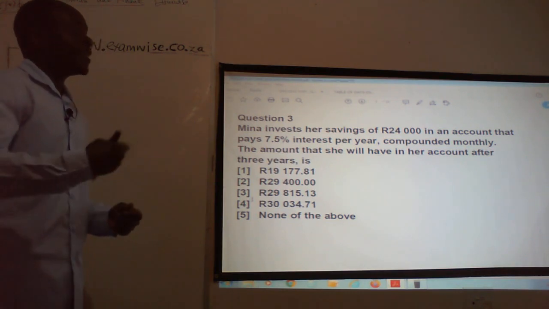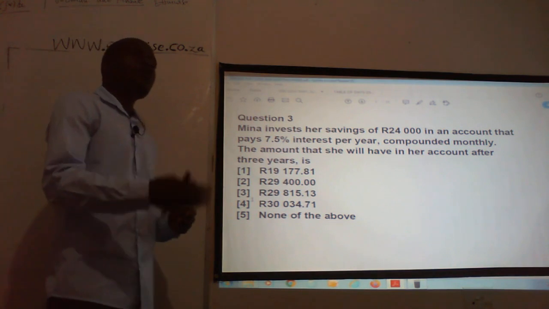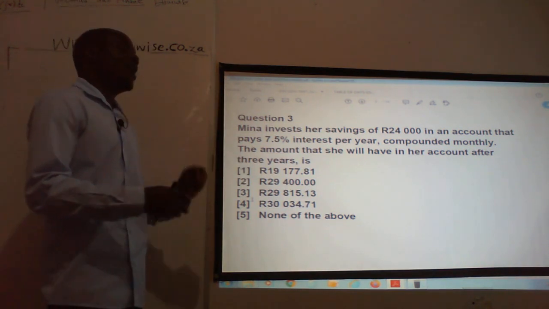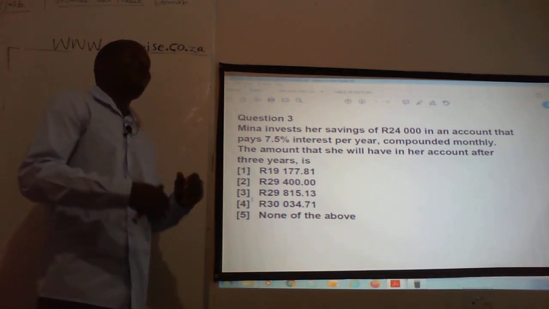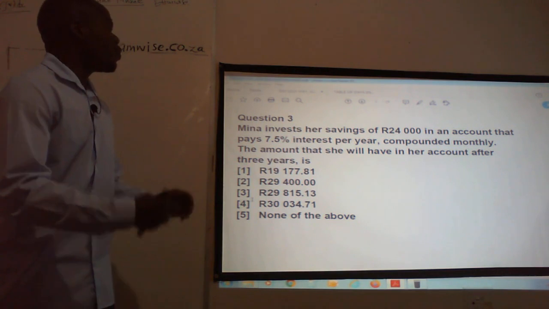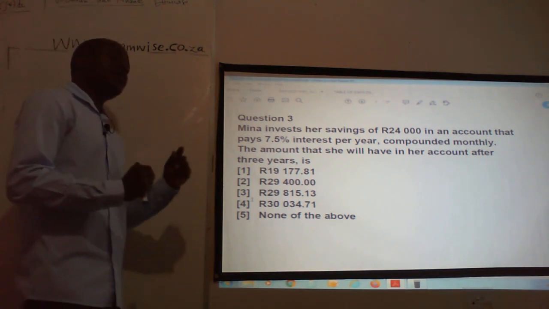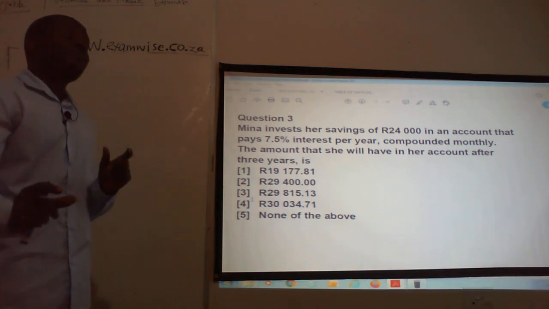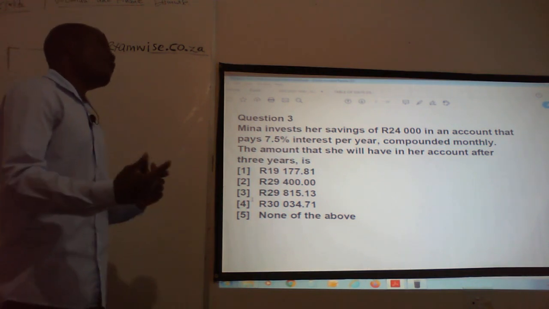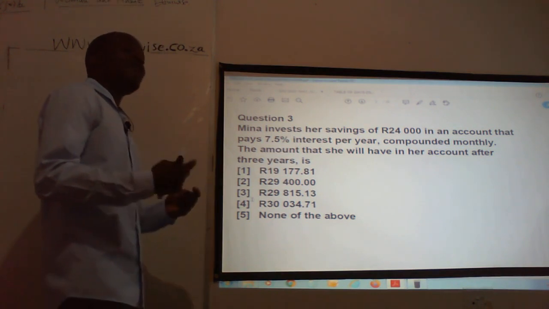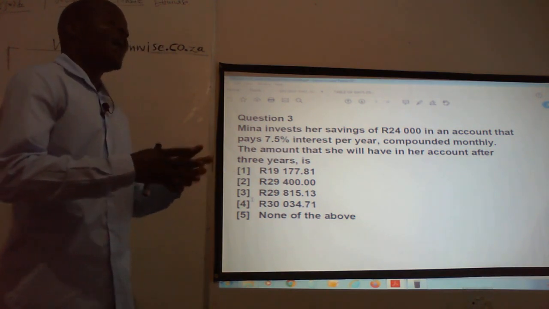If you are depositing each and every year, we no longer have the investment of a single amount, but an investment of a series of amounts. So we need to differentiate between the two. The investment of a series of amounts falls under annuities.